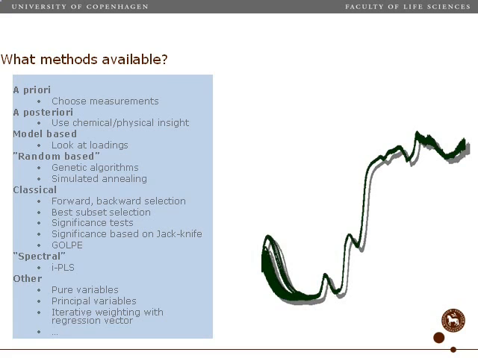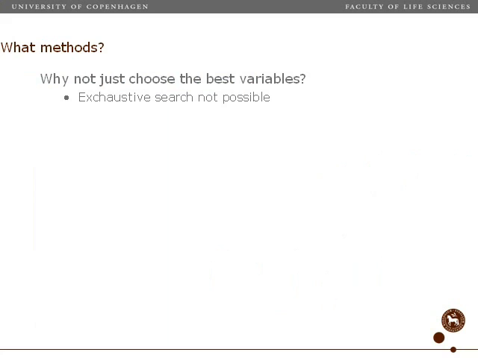For example, a-priori based variable selection, meaning how to choose your measurements. In the following we will go through most of these generic types of variable selection, and we will discuss when they are useful and what you should know about your data before using the various types of variable selection methods.